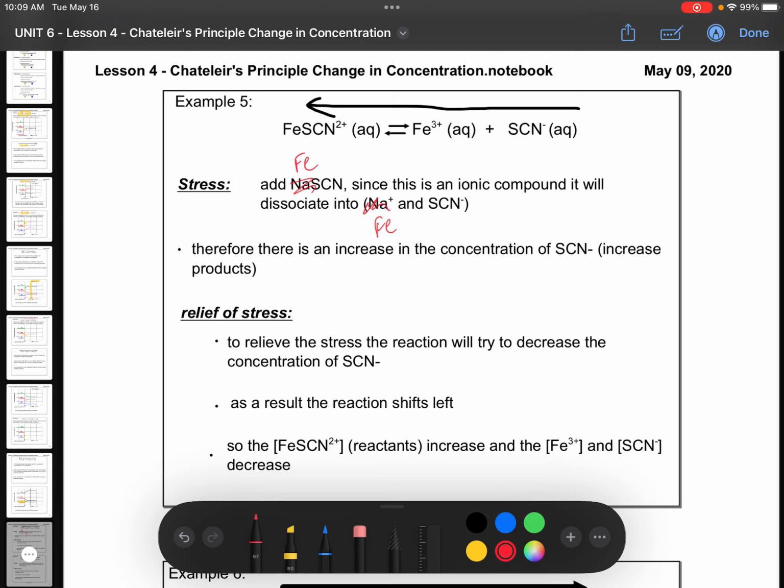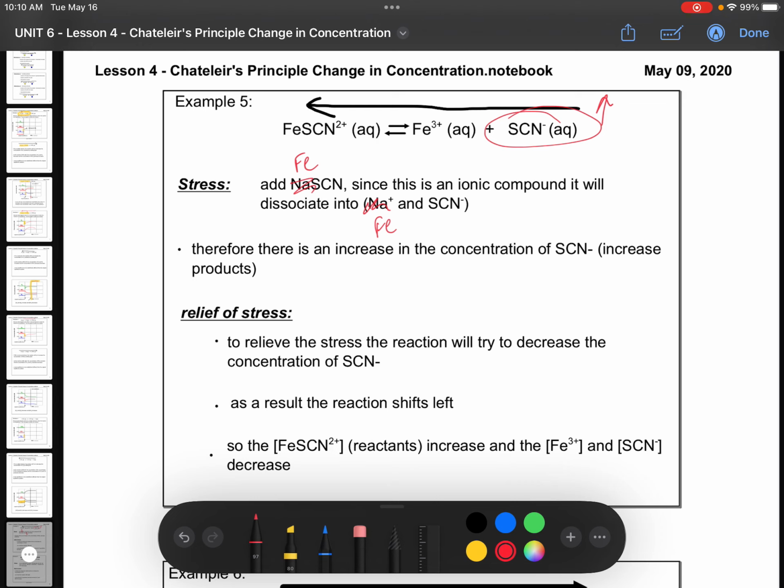Because of that, we are going to dissociate into Fe and SCN. So therefore, there is an increase in the concentration of SCN because it's an increased product. Because of that increase of SCN, we are going to shift to the left in order to reduce the stress of SCN increasing.